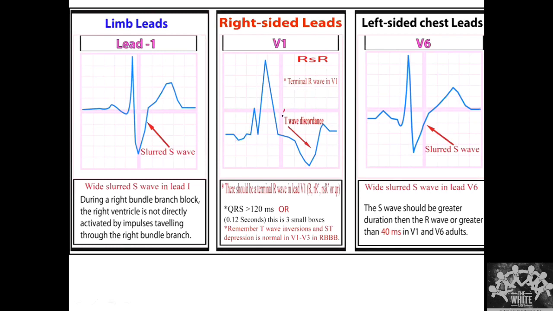This is called T wave discordance. This is normal, which is why it is also called the rule of appropriate discordance. What we mean by that is the T wave direction will be exactly opposite to that of the preceding QRS complex. So here we have the R wave, just preceding the T wave.